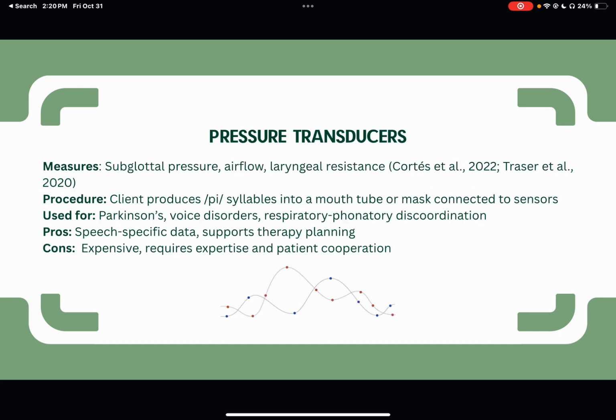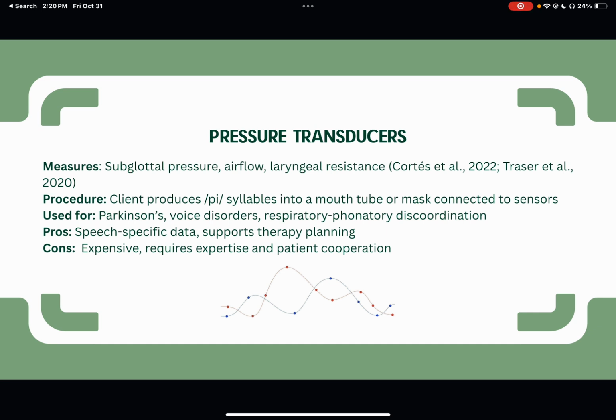And then the third tool, pressure transducers, gives us the most detailed look at speech-specific breathing. These devices measure subglottal pressure, airflow, and laryngeal resistance while a person is actually speaking. During the test, the client says short syllables like fa into a mouth tube or mask that's connected to sensors.